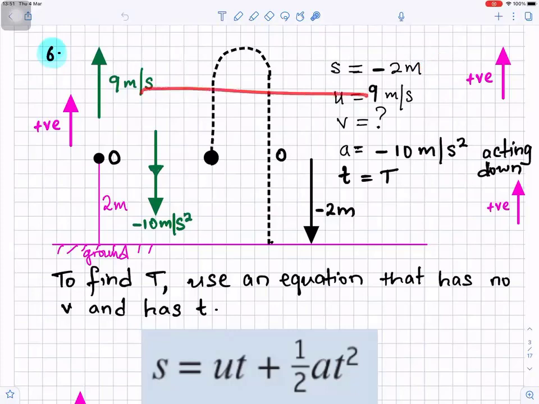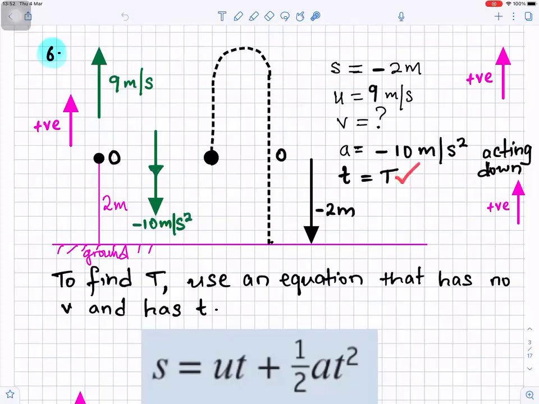Initial speed is 9 meters per second, and it is positive because we said going up is positive. Final speed, we do not know. Acceleration is minus 10, and it's giving us 10 meters per second squared in the question, but it's minus because acceleration is acting down, and we have t.